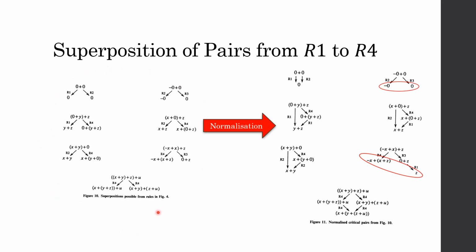So the whole pairing goes like this. We will try to pair R1 with R1, then R1 with R2, R1 with R3, R1 with R4. Same goes for R2. Since that is paired already, R2 with R3, then R2 with R4.